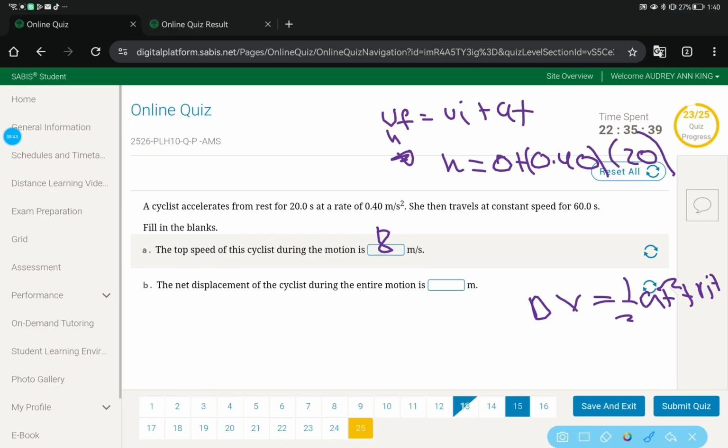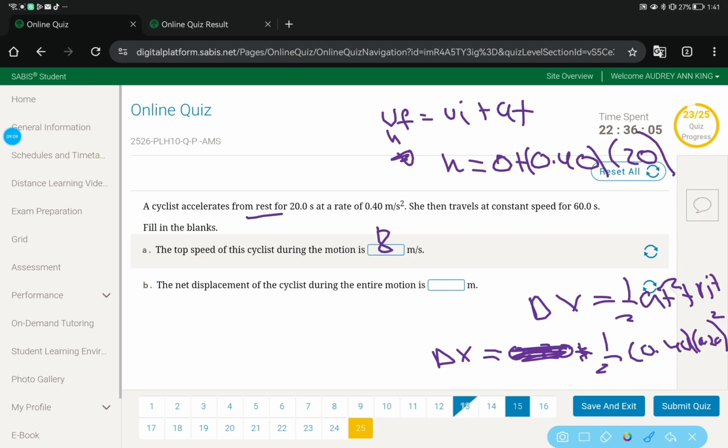After replacing, you get half of 0.40 times 20 squared, and we know that the initial velocity is 0, so we can just ignore that.